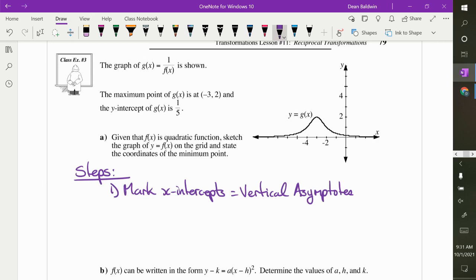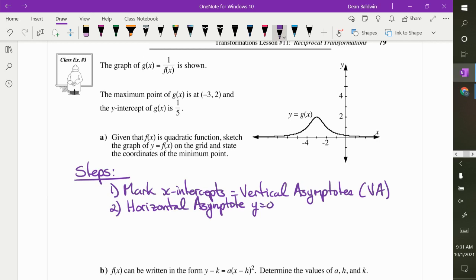They become your vertical asymptotes, which I will always abbreviate VA from now on. 2. Horizontal asymptote. Your horizontal is always what? 0.